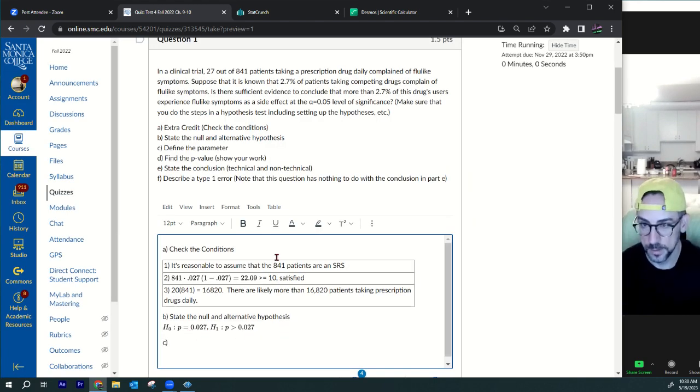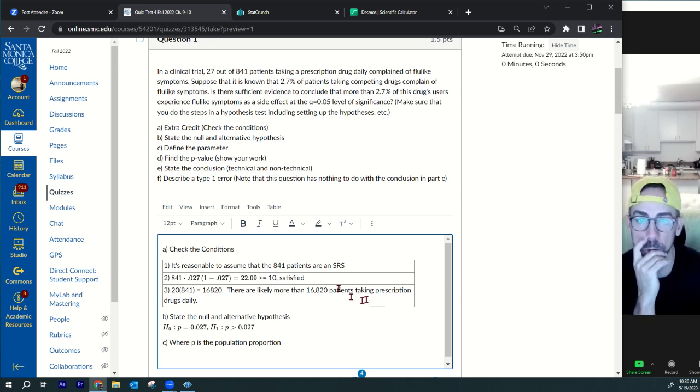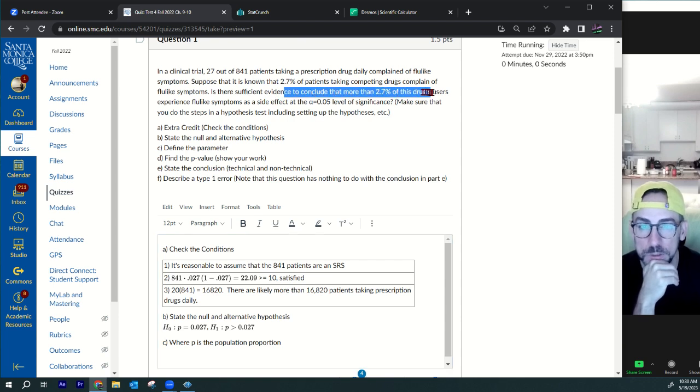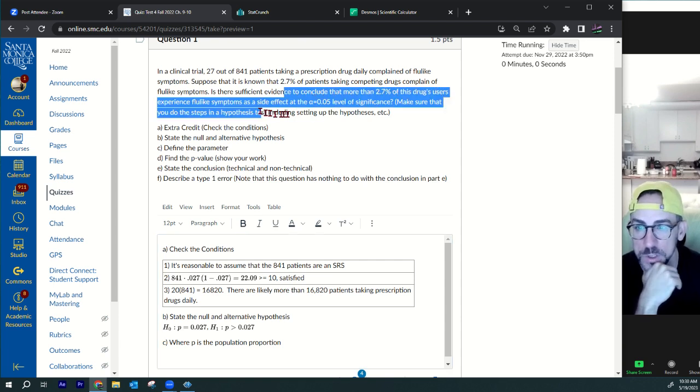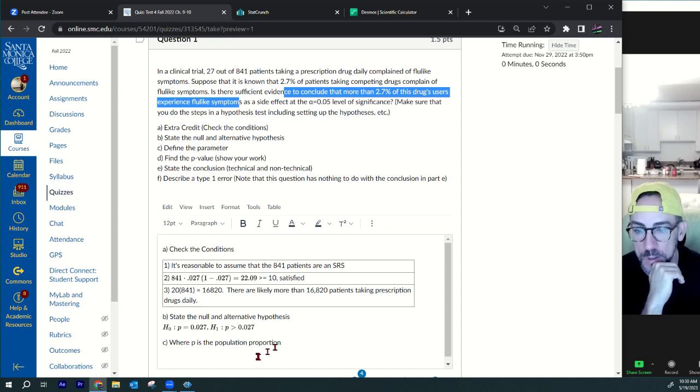C. Define the parameter where p is the proportion. Forgot the word population. Population proportion. Dang, gotta figure out what the population proportion is. More than 2.7% of this drug's users experience flu-like symptoms.